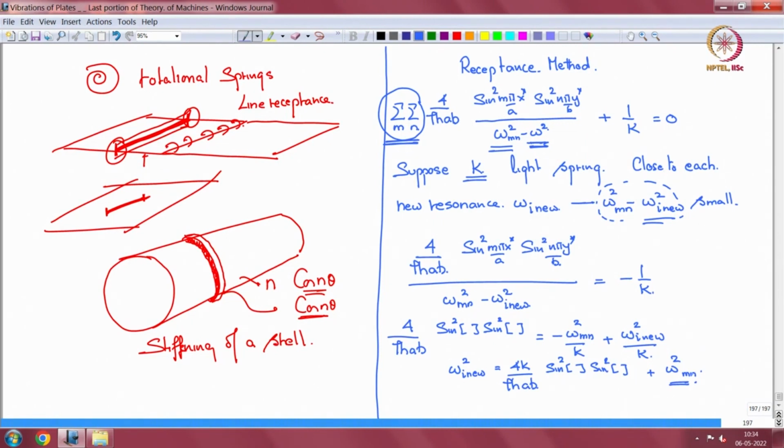Let us say m is 1, n is 1, omega 1 1 square. You put m equal to 1, n equal to 1 over here, that is the perturbation to omega 1 1. So omega I nu will be a perturbation, omega 1 1 plus some small quantity. So there is a quick formula here when k is not significant and it just slightly modifies each resonance.